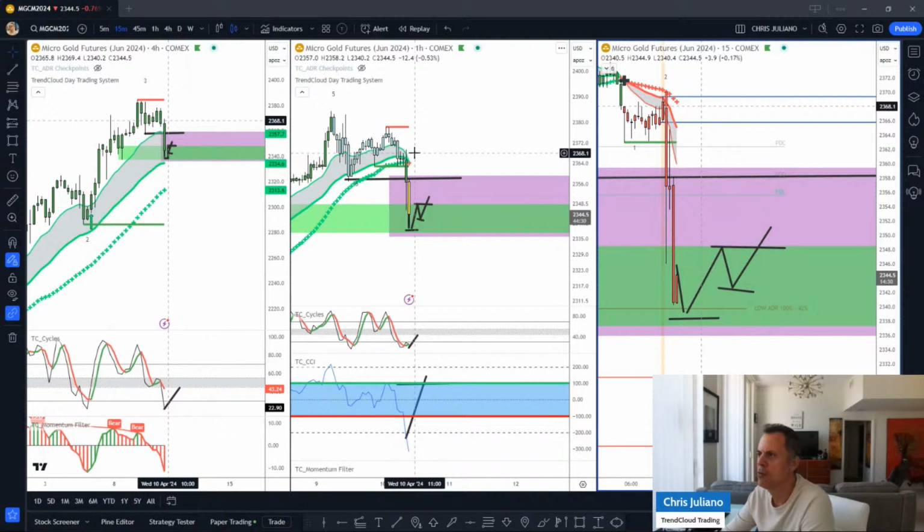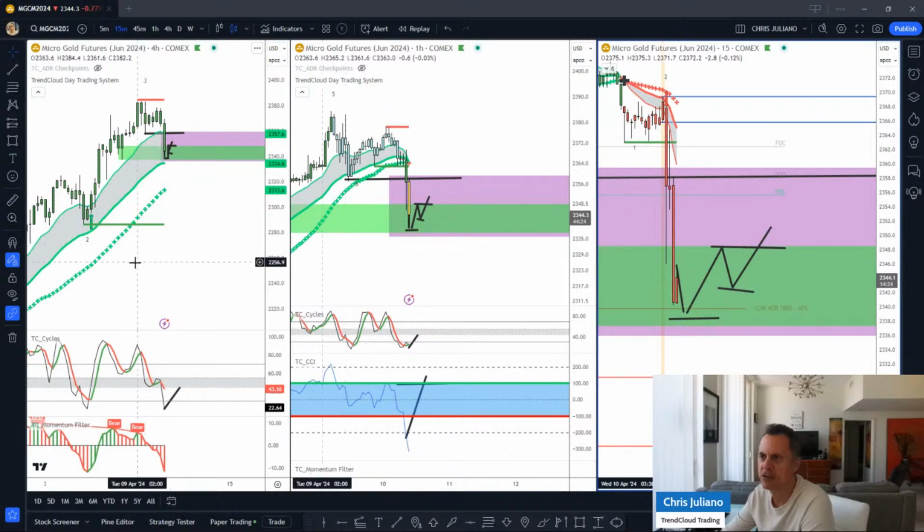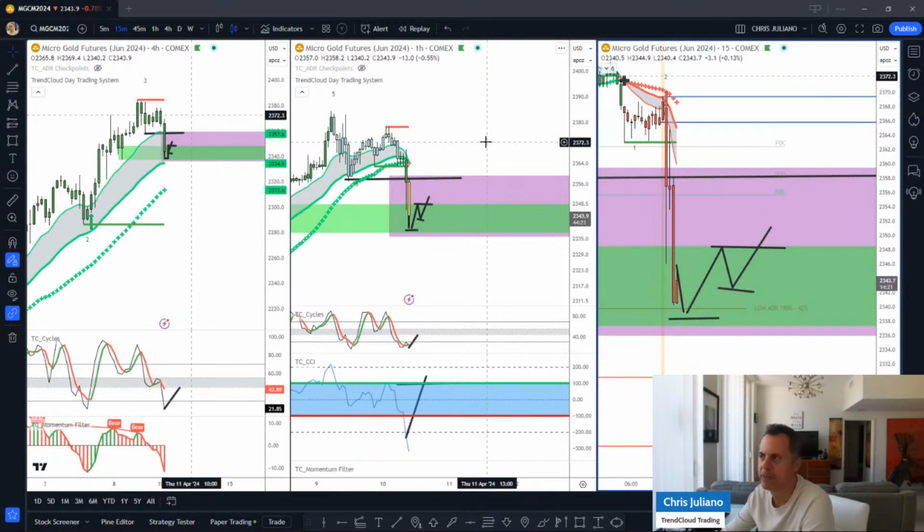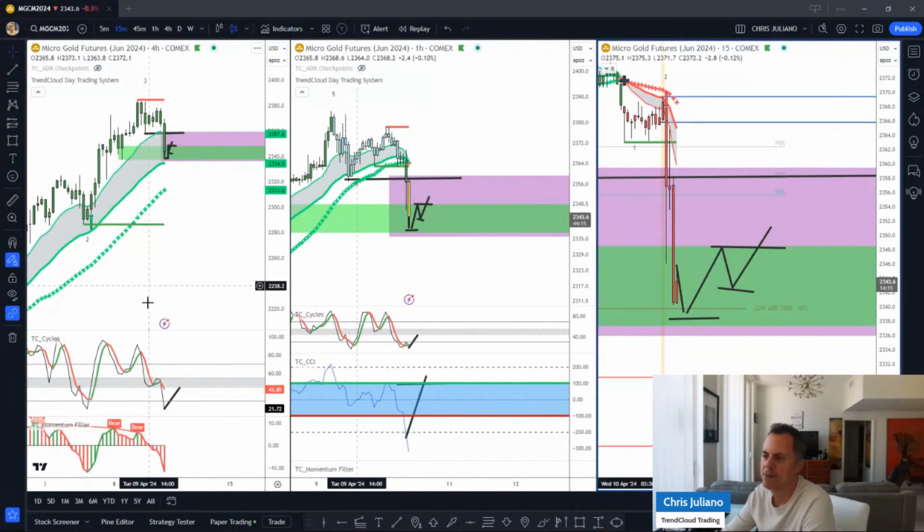sure that you have your middle and high time frame trend going up. You also want to make sure that the momentum on the middle time frame is up and the momentum on the high time frame is up. So we need to have trend and momentum on both time frames.